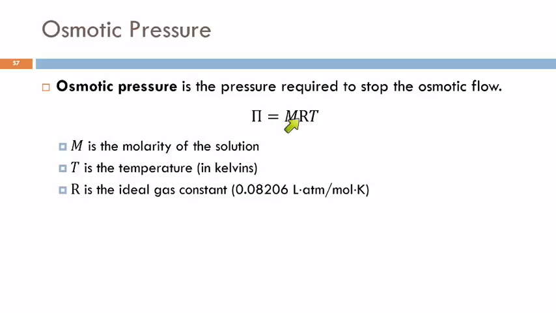So when we take the molarity and the temperature multiplied by this, we end up with atmospheres as our unit. So the higher the concentration of that solution, the higher the osmotic pressure.